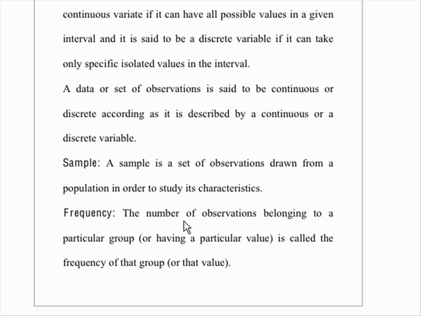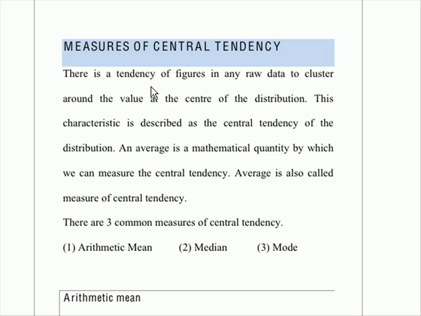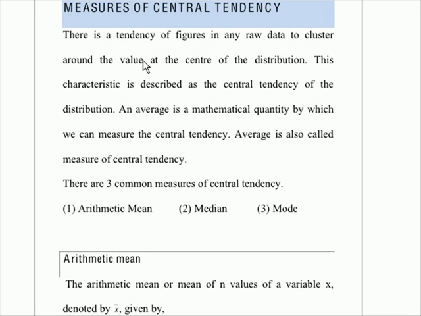It's good to be familiar with these definitions, though these are hardly likely to be used in your real test. Okay, next we go to the measures of central tendency. Essentially, it's a tendency for a set of data to cluster around the center of the distribution.